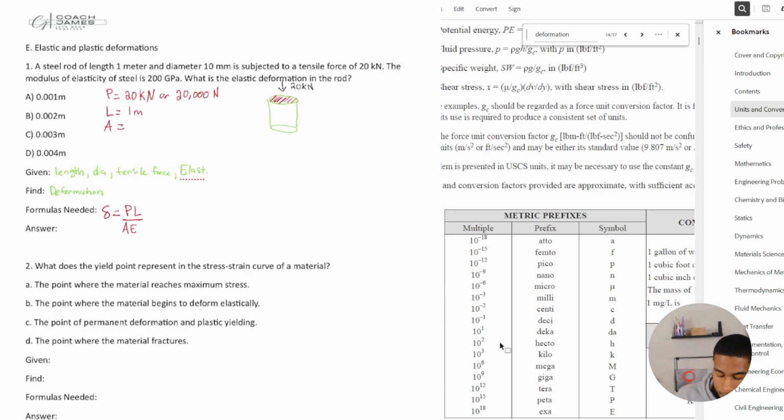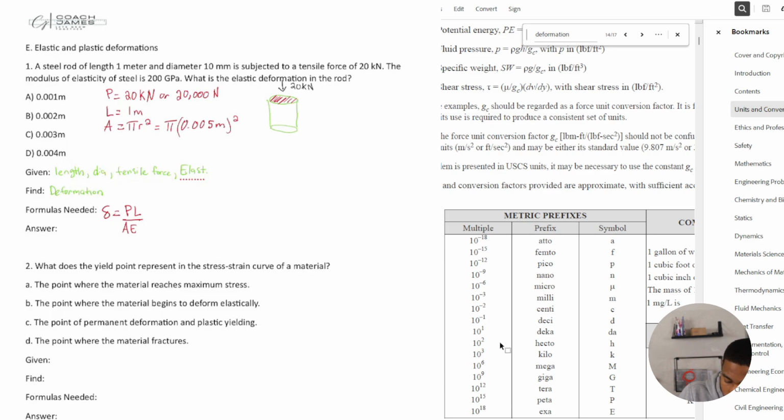So how do we take our diameter and get area? Well, we do pi r squared. So area is equal to pi r squared. What is r? R is our diameter divided by 2, which is 5 millimeters, or 0.005 meters. So I just changed it from millimeters to meters. Pi r squared.